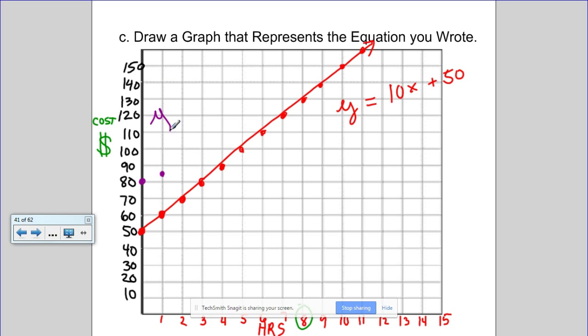The equation is y equals 5x plus 80. At 2 hours, it's going to cost us $90. 3 hours, it'll cost us 95. 4 hours, it'll cost us exactly 100. And then this slope will continue. And this point right here is a very interesting point.